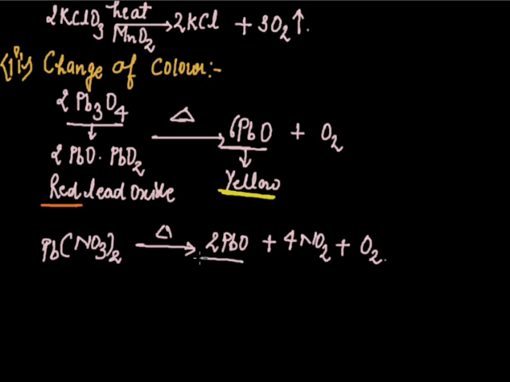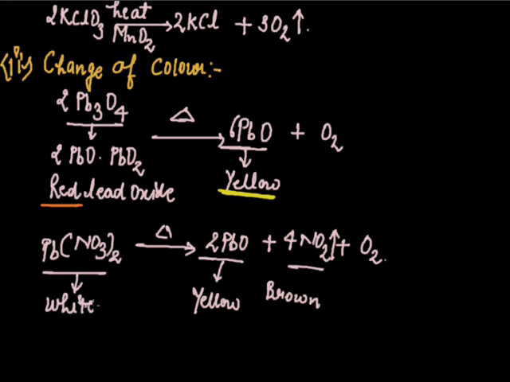Here PbO is yellow in color, NO2 is a gas, nitrogen peroxide, which is brown in color, and the lead nitrate is white in color. So again, we can observe two characteristics of the reaction in a single equation: the change of color of the substances and the evolution of gas. So it doesn't mean only one characteristic of a reaction takes place at one time.